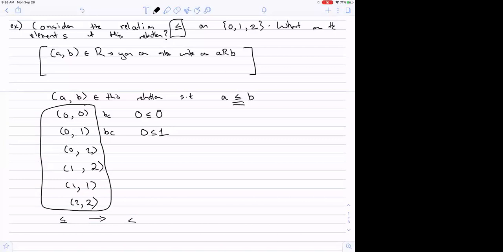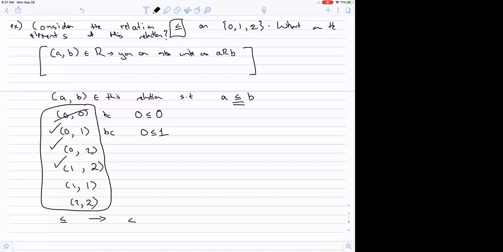We wouldn't have 0, 0 because 0 is not less than 0, right? Would it be just the first four? Not the first one, but yes, the second one, the third one, the fourth one, and that's it. We wouldn't have 0, 0, 1, 1, and 2, 2. So that would be the less than relation on 0, 1, 2.